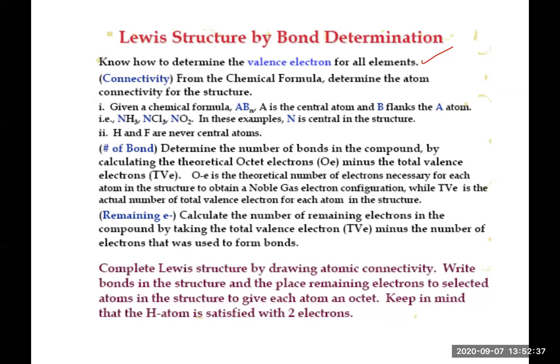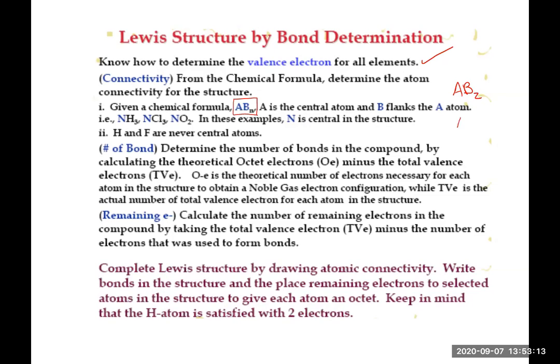And in the chemical formula, they typically write the central atom first. So if we had a chemical formula like this, AB, with a subscript N, well, there's no subscript on A. That tells us there's only one atom of A. That subscript N could be a 2, 3, 4, 5, or higher whole number, telling us how many atoms of B we have. So suppose we had AB, and N was equal to 2.